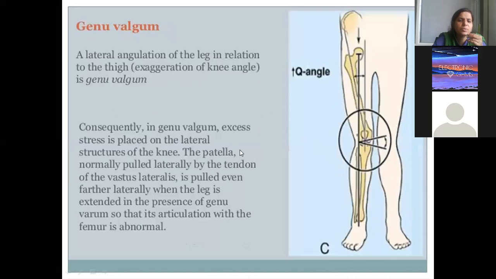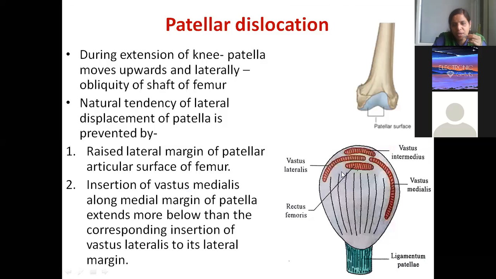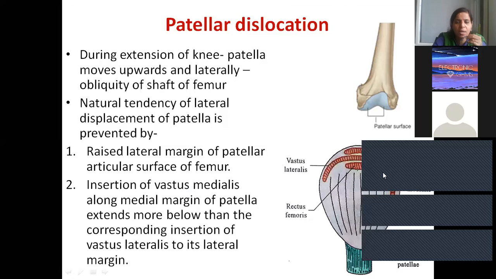Okay, just two names. Next we have the patella. Patellar dislocation means an outward movement, seen in athletes who use the knee joint more; sometimes the patella may get dislocated.